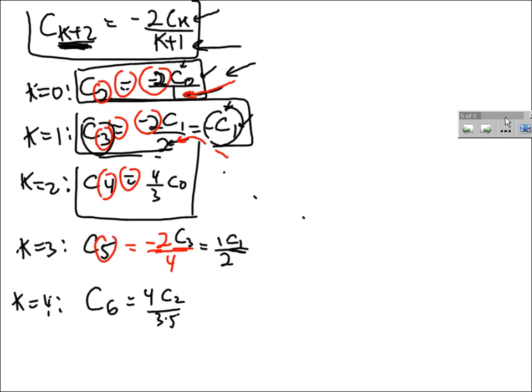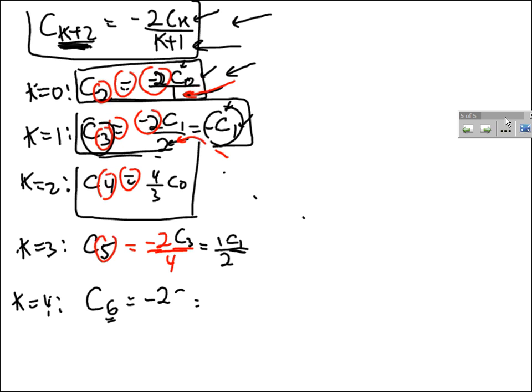Okay, now C sub 6. Well, let's do C sub 6 again. C sub 6, using the rule, so K is 4. 4 plus 2 is 6.